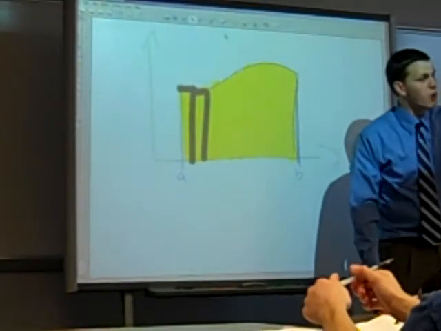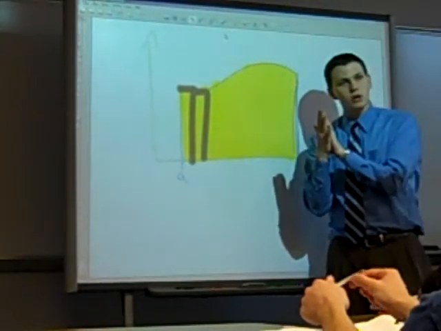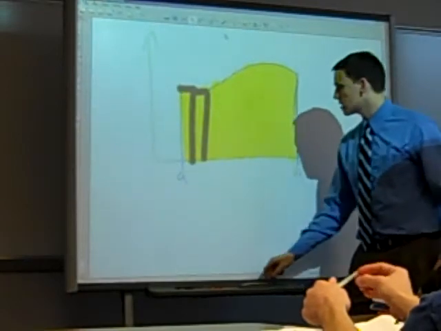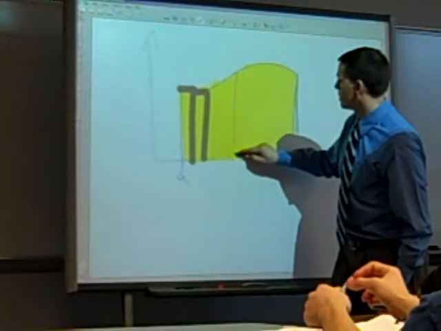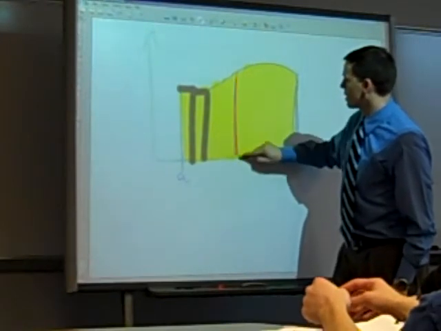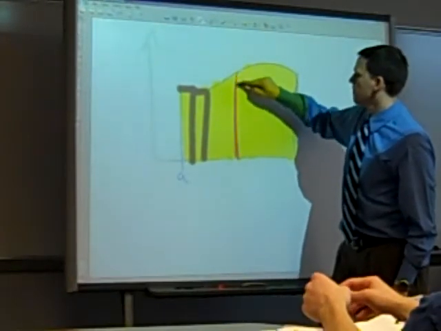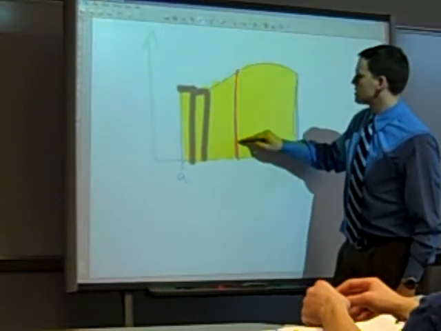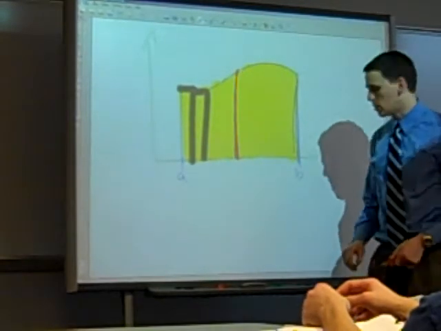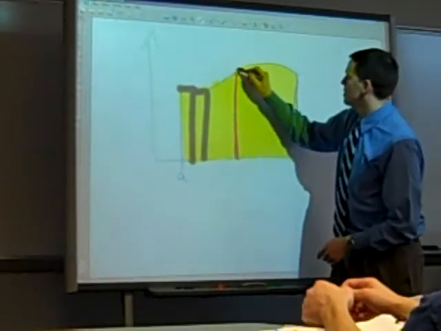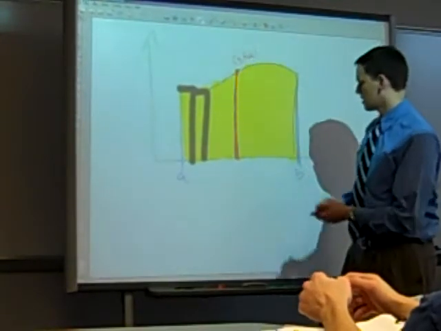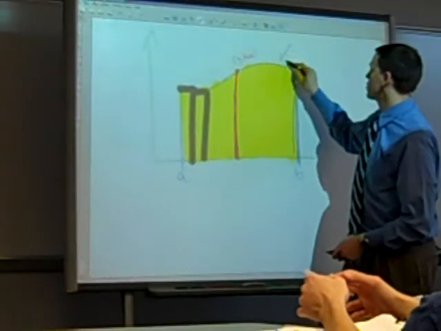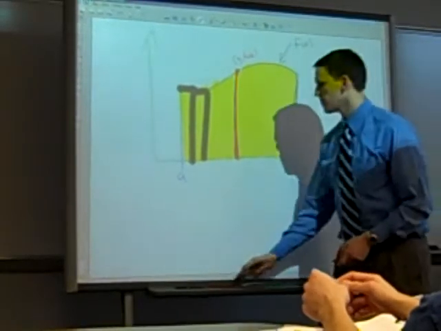So if we get small enough, this rectangle is going to collapse to become basically a line. Now, the height of that really skinny rectangle is just the height at that point, so that's x comma f of x, because this curve is f of x.